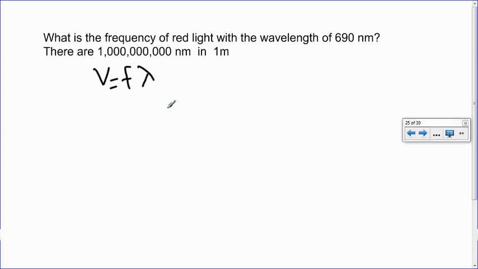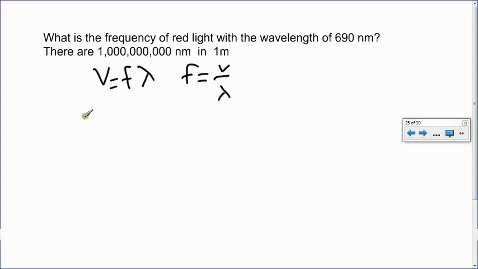You can see why it's useful to remember the number from the last slide. So velocity is 3 times 10 to the 8. So let's rearrange this. We're being asked to find the frequency. So frequency is going to be equal to velocity divided by the wavelength.